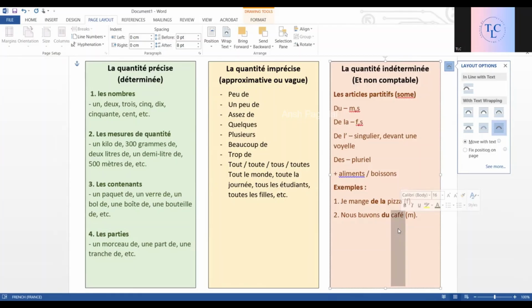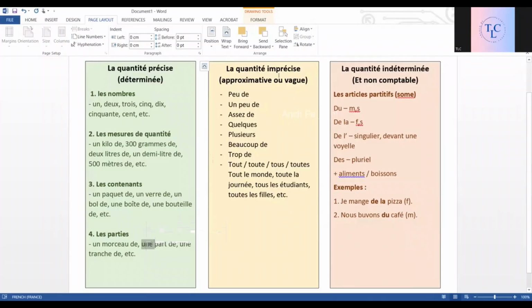Either we can use mesure de quantité, les contenants, les parties, les quantités imprécises, but if we are not telling anything, we are not aware of the quantity or we are not specifying the quantity, we use les articles partitifs, which is very important, especially for food items and drinks. So we have taken two examples. Je mange de la pizza, nous buvons du café.